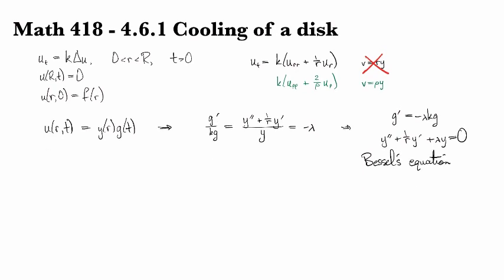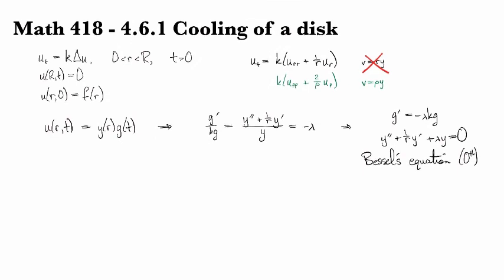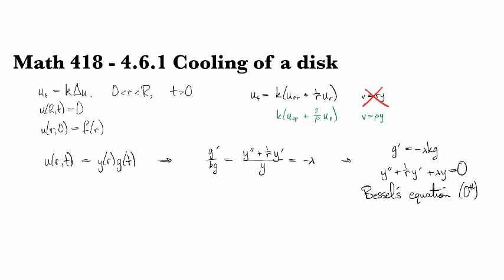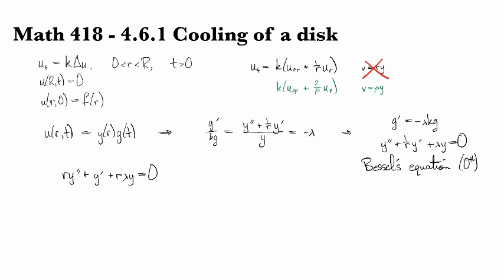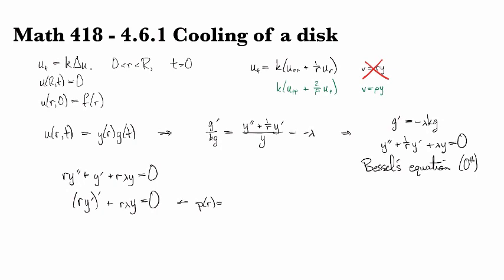In fact, it's the 0th order Bessel's equation. So we can multiply it through by r, and then rewrite slightly, and you notice that this is (r y prime) prime plus r lambda y equals 0. So this is now a Sturm-Liouville operator with p of r equal to r.